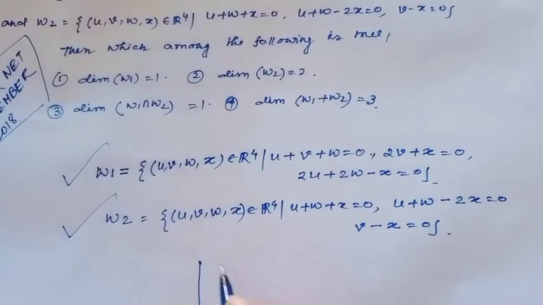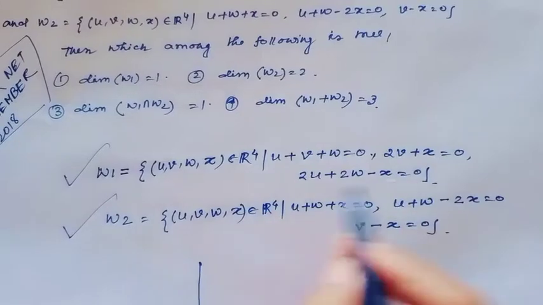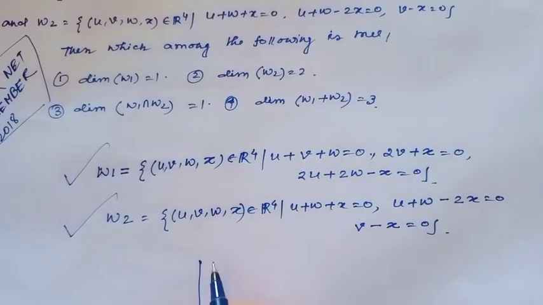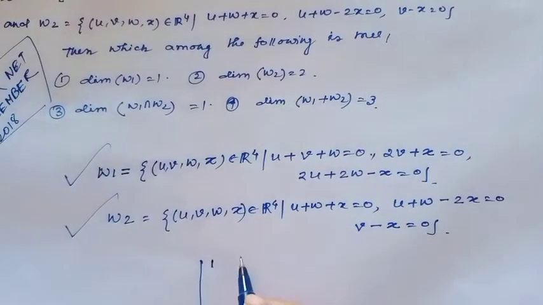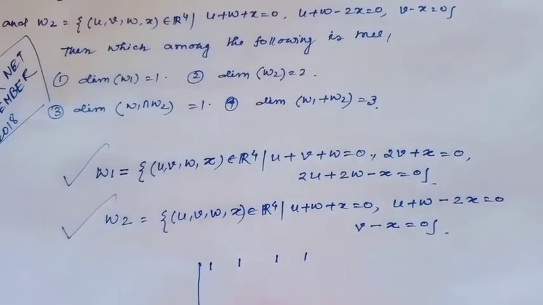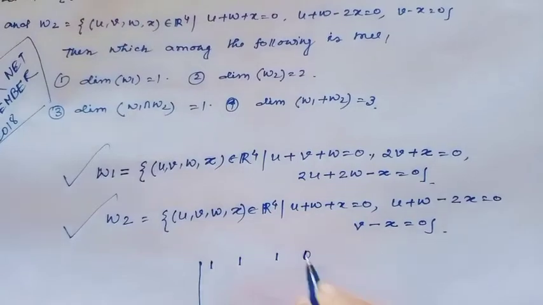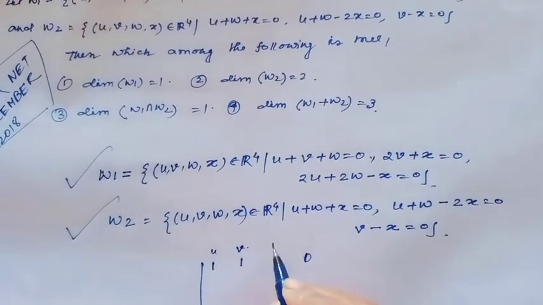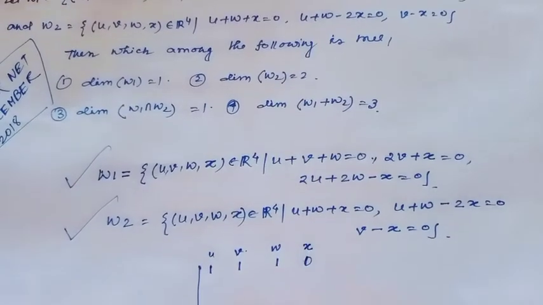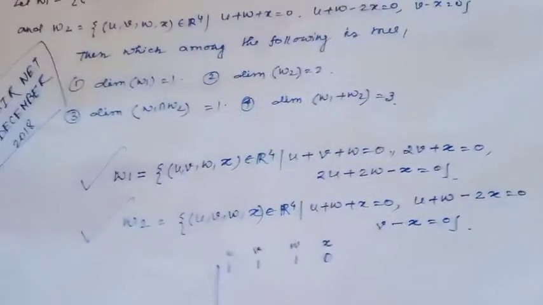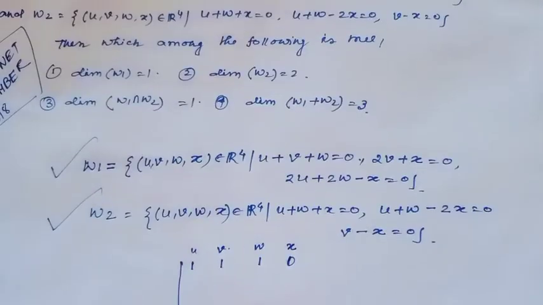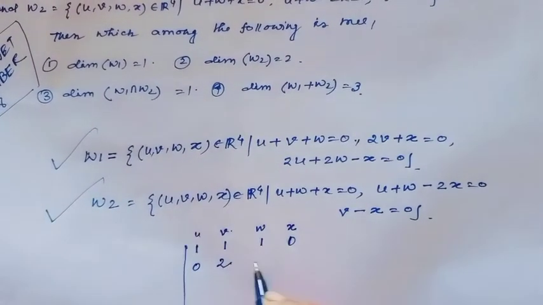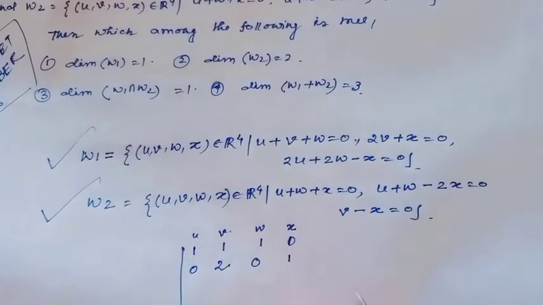For W1, we generate a matrix. The vector UVWX: this column contains U, V, W, and X. Here 2V plus X equal to 0, that means 0, 2, 0, 1.